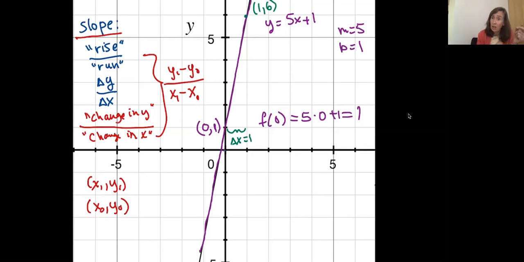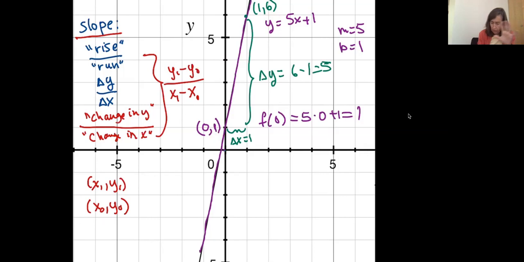So the change in Y that corresponds to this 1 unit change in X, this whole amount here, delta Y, is 6, my ending point, minus 1, my starting point. 6 minus 1, it is indeed 5.